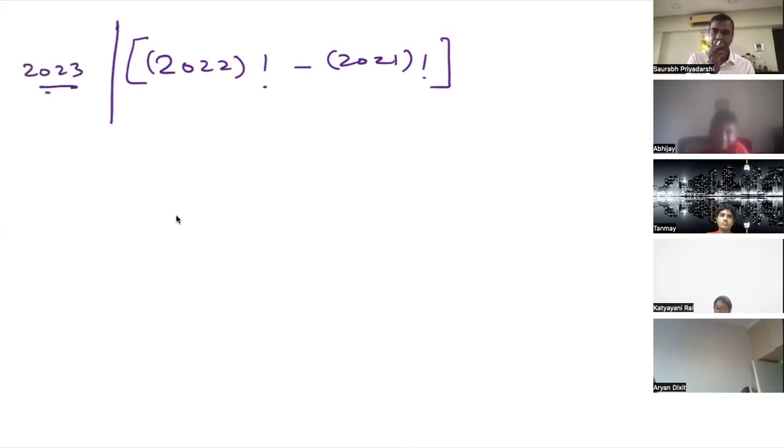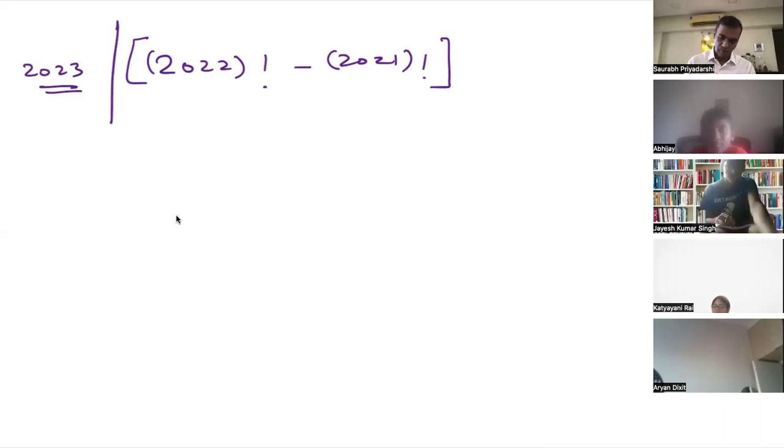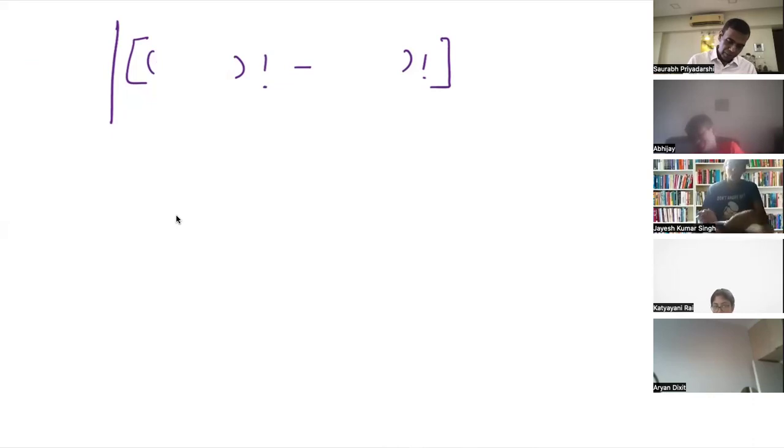Is 2023 prime or not? Sir, it is not prime. It is divisible by 7. 7 into 17 square. Not 17, as both are coming now. So the theorem will not work for me.